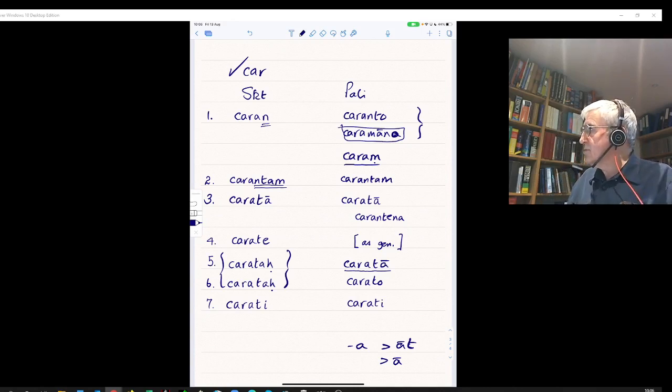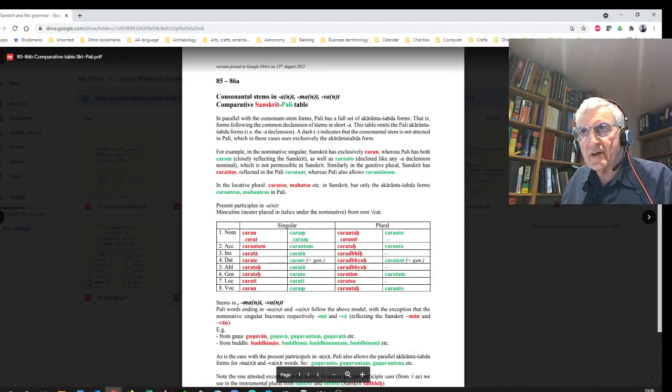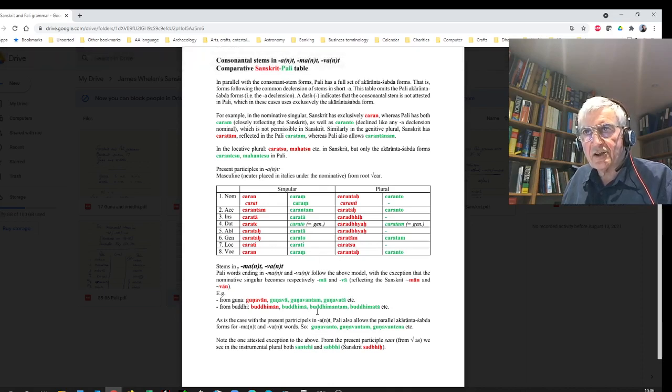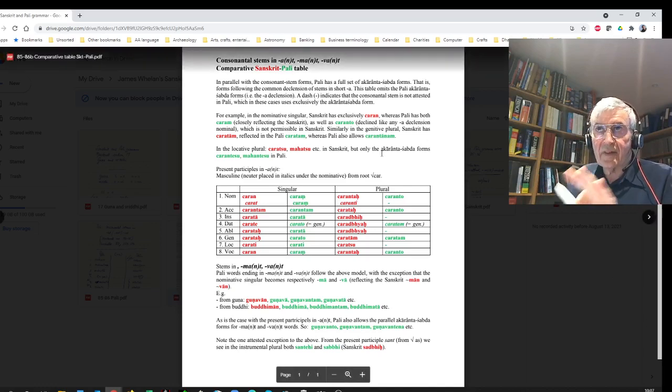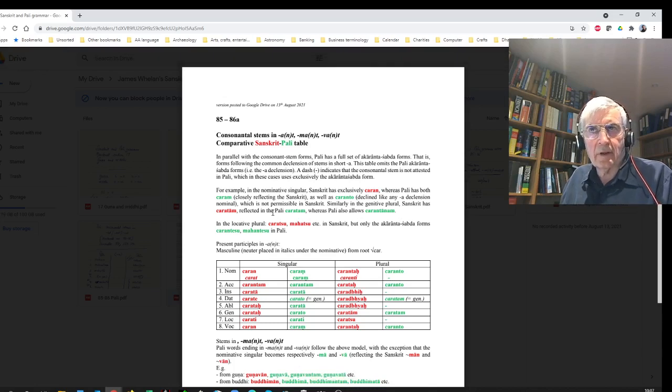So there it is. You'll see it all set out in detail on this tabular sheet that I've done. And I've mentioned that in this sheet I haven't put out the full a declension, charanto, charantaṃ, charantena, charantassa, and so on. I've just said that it can decline exactly like any other nominal in a short a.